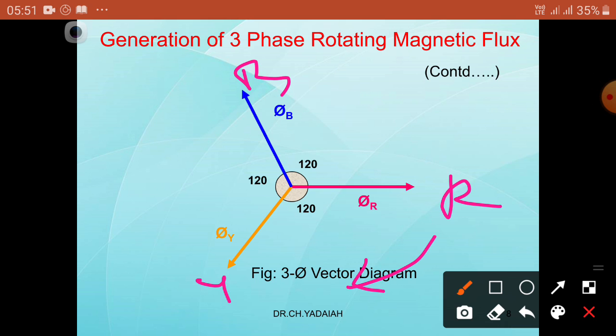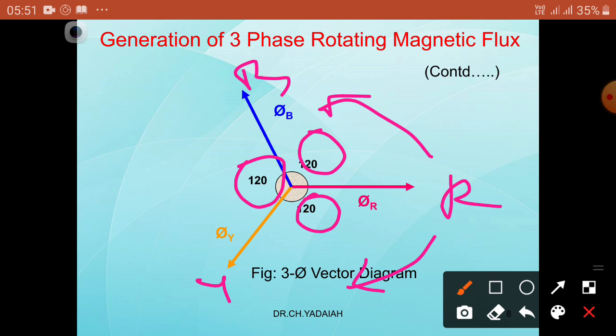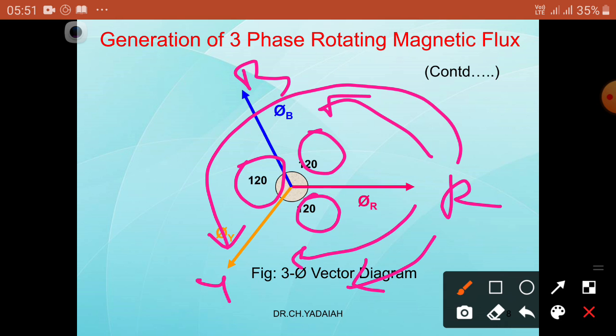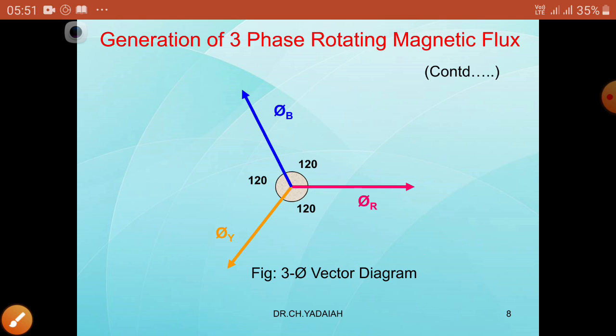The angle is 120 degrees here, 120 degrees here, and 120 degrees here. From here to here is 120 degrees, and from here to here 240 degrees. Or we can say from here to here is minus 120 degrees, and from here to here minus 240 degrees. The R phase is taken as the reference for easy analysis. This is the vector diagram.